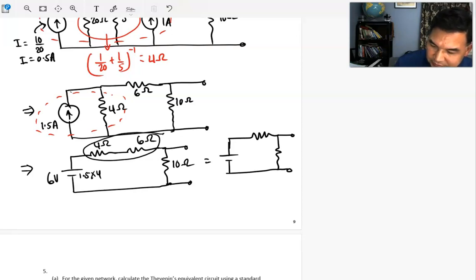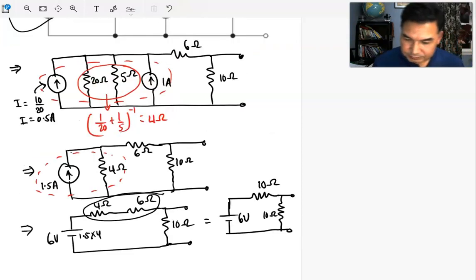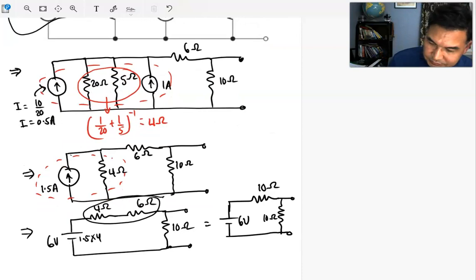And you just need to figure out the voltage here. So it's a 10 ohm, it's a 10 ohm, and what's the voltage? 6 volts, and that's it. We're almost done.